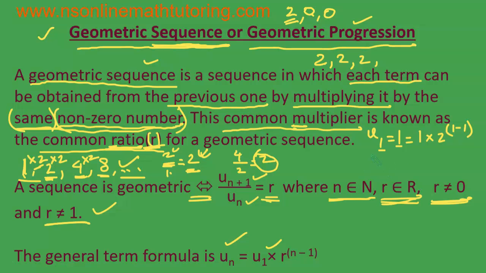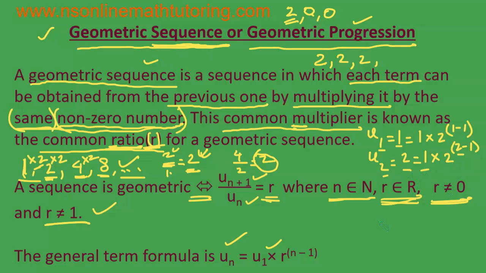What is u2? u2 is equal to 2. This can be written as 1 times 2 to the power of 2 minus 1. When n is equal to 2, this is coming over here. 2 to the power of 2 minus 1 is equal to 2 to the power of 1, which is equal to 2. Times 1 is equal to 2.